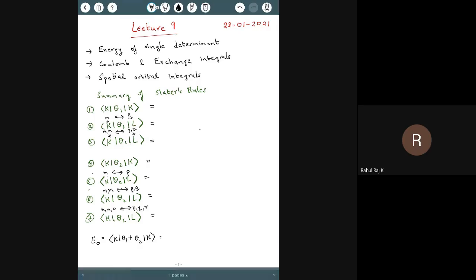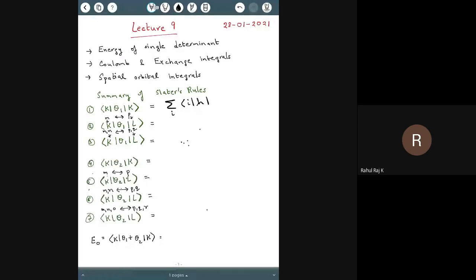So when you have the one electron operator, theta 1, then when it's between the same determinants, you have a sum over all the spin orbitals of the one electron part of the Hamiltonian.